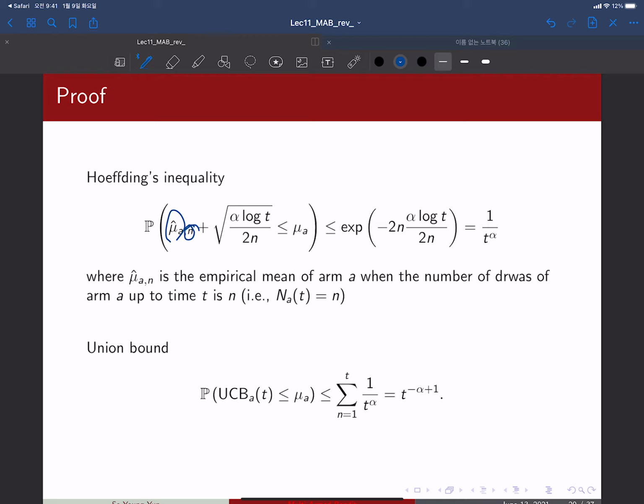But the problem of the UCB algorithm is that the number of plays of each arm depends on the mu hat value.